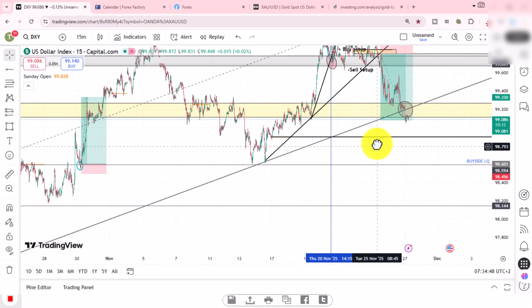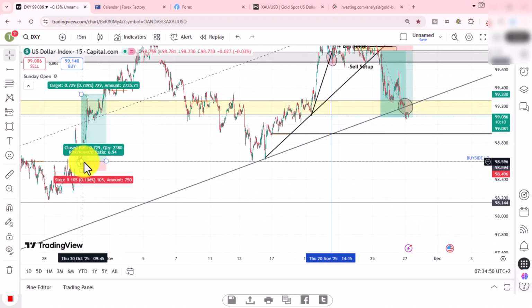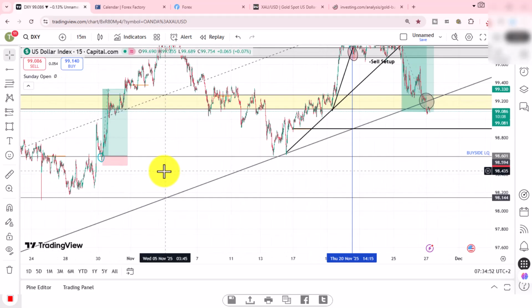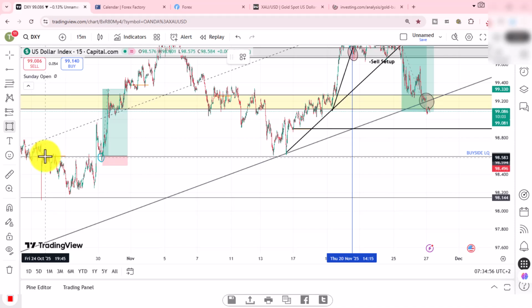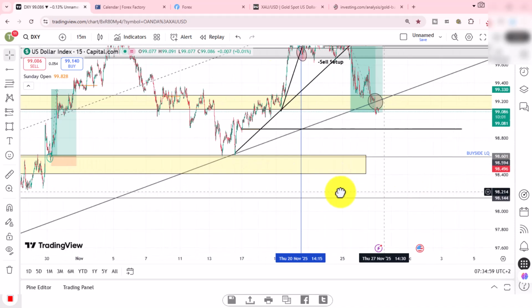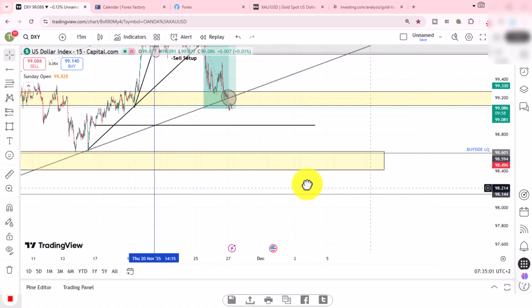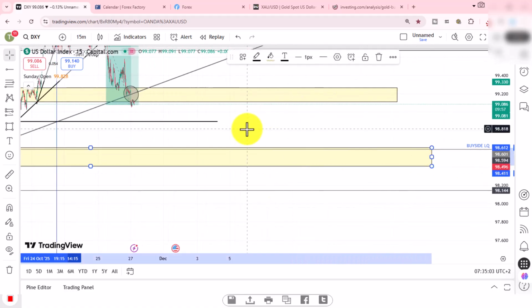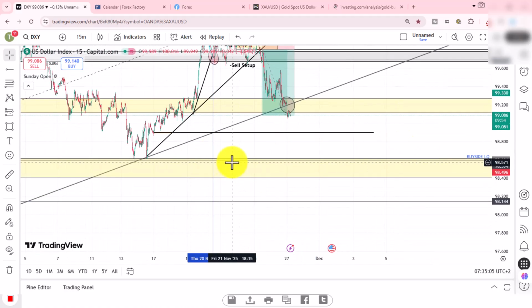So meaning it's going to this previous support, previous opening. So this is why I'll be pushing the gold narrative to go back up, because the US dollar is weakening.